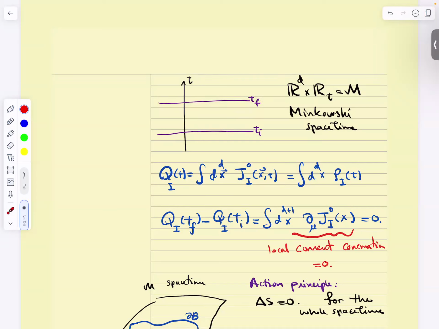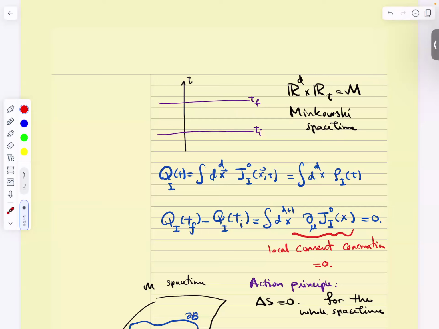So we take space-time and introduce an initial hypersurface, T_i, and a final one, T_f. We integrate the charge density over T_i, a d-dimensional surface. We could do that at a later time too, and the conservation law tells you that the two values are the same.